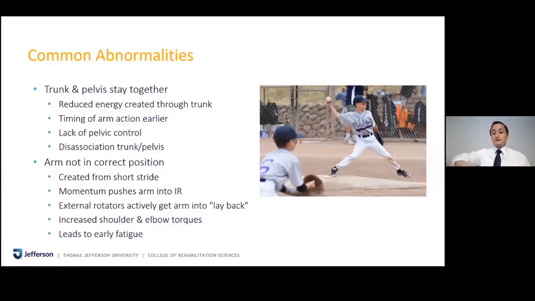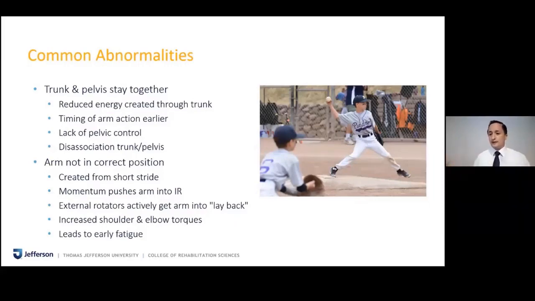So our external rotators are going to have to fight that momentum and actively get into layback, right? We said before, we don't want them to actively get there. That should be a passive positioning through momentum. So if they have to fight the momentum and get back there, we're really asking the cuff to do a lot. And this is kind of that inverted W that you hear about.